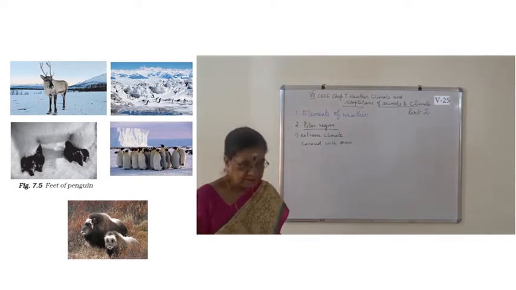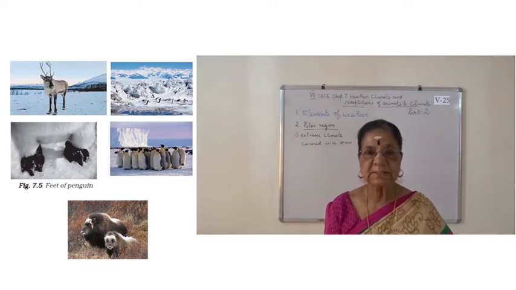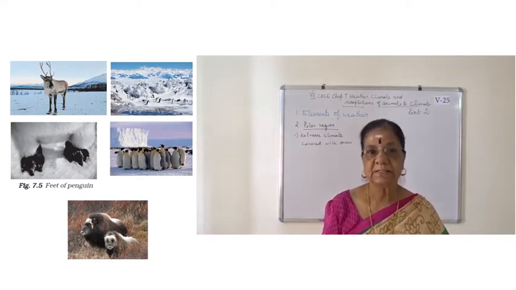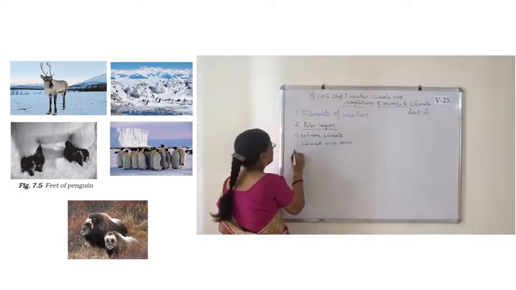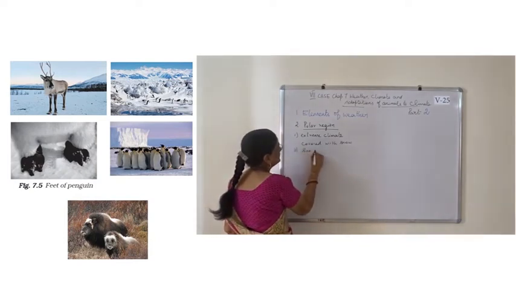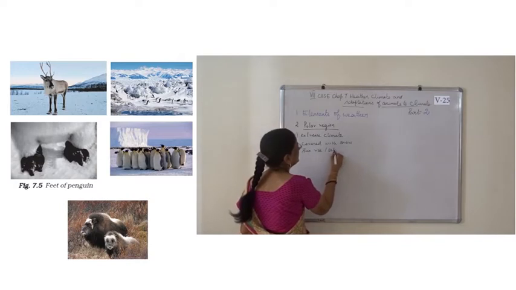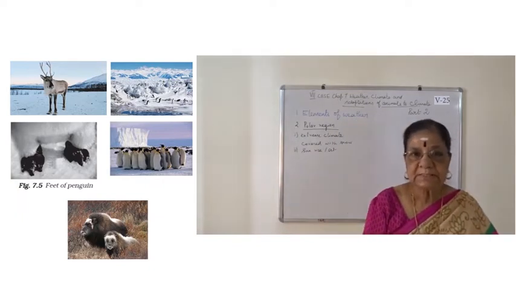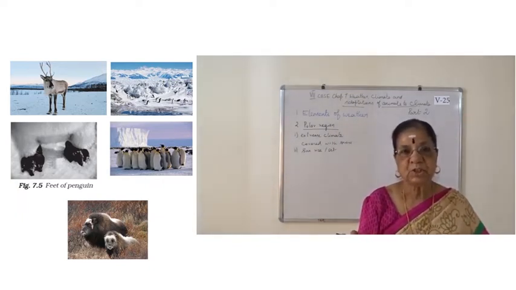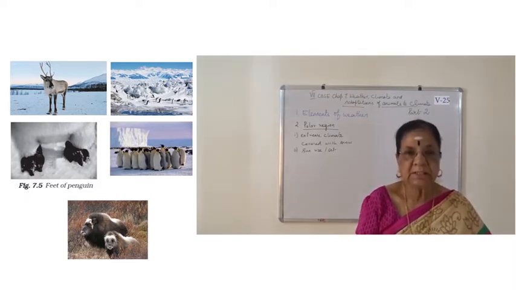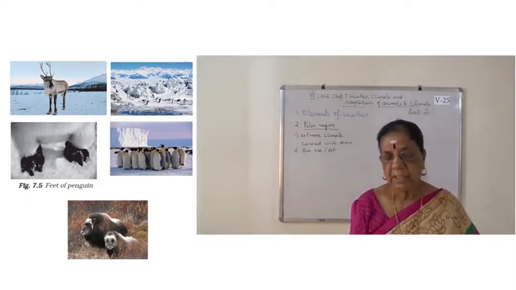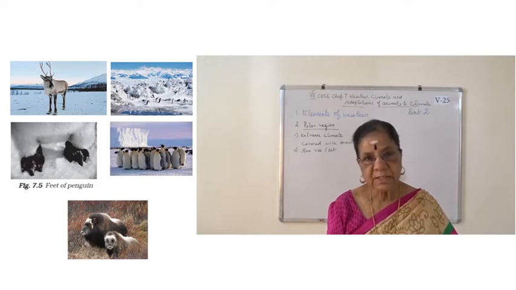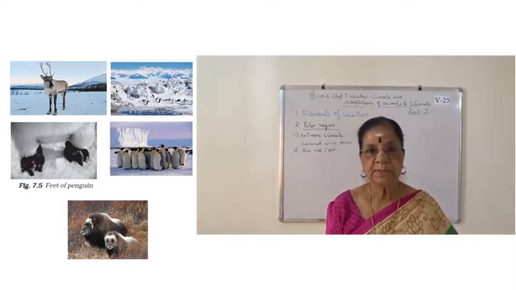Then for 6 months the sun does not set at the poles at all, while for another 6 months the sun will not rise at all. So in the polar region we find extreme climate, covered with snow and very cold during most part of the year.